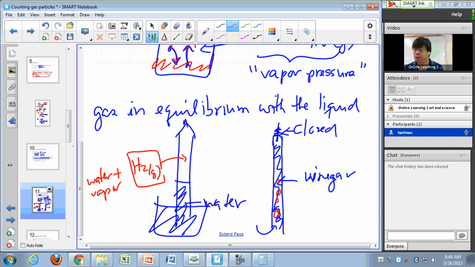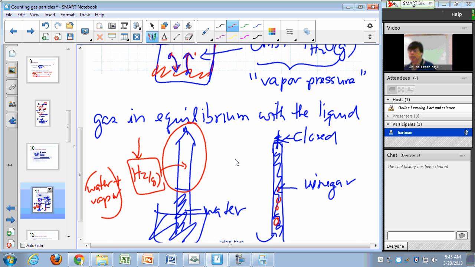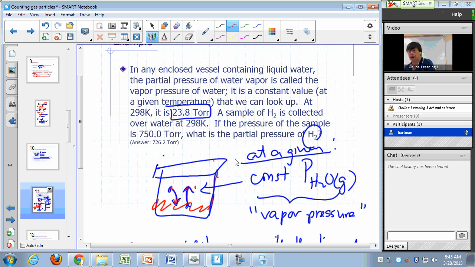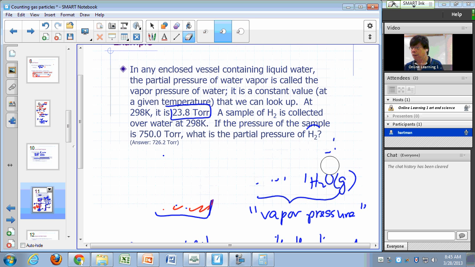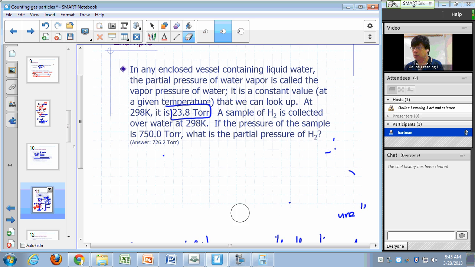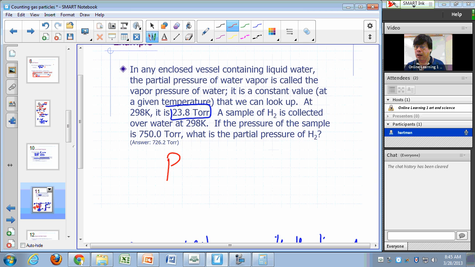If you can measure the total pressure of the gas in there, you have to subtract the vapor pressure of the water to figure out the partial pressure of the hydrogen. So let's say you collected a sample and you found the total pressure to be 750.0 torr. What's the partial pressure of hydrogen?